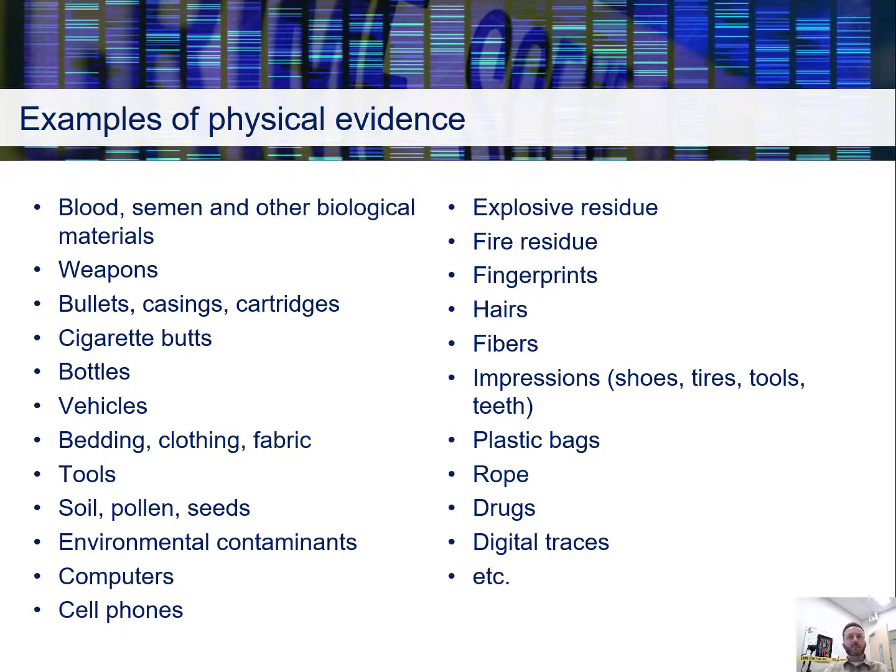What are the types of forensic evidence and how is this physical trace deposited? So the question is, what can be considered physical evidence? Well, the answer is pretty much anything you can think of can be considered physical evidence, right? All these things that you see on the screen, anything you can think of might become evidence in a criminal case.